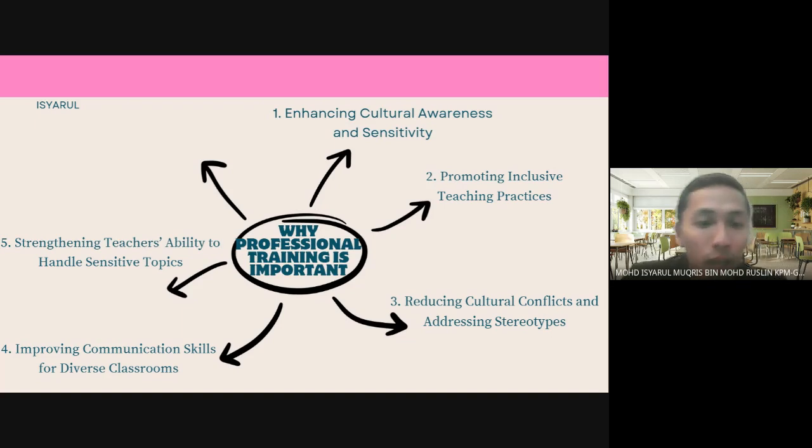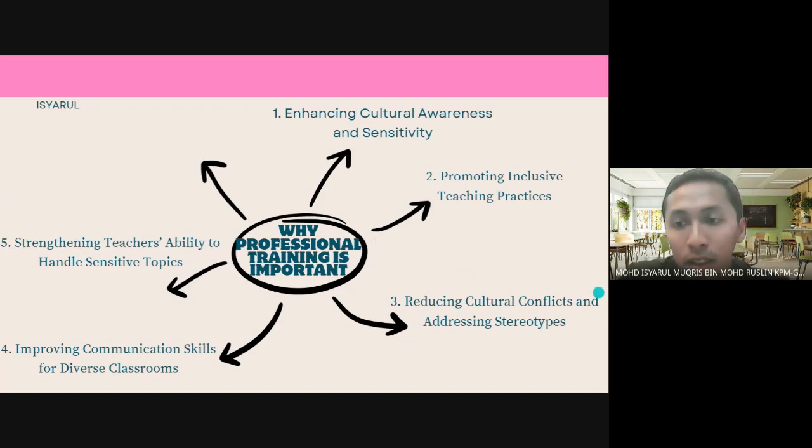Number four, we have improving communication skills for diverse classrooms. For example, in a school with many multilingual students, teachers can be trained to use visual aids or gestures or simple language. It can reduce the language barriers between the students.